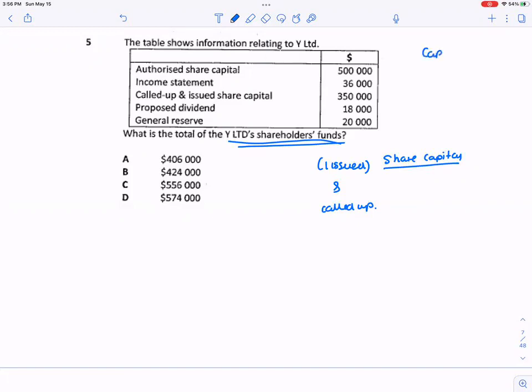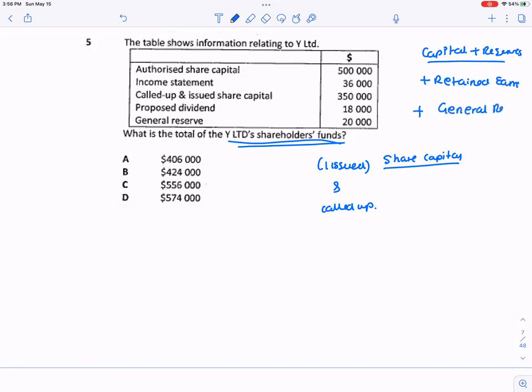Shareholders funds is the capital plus reserves plus retained earnings. Please learn it right away. What is shareholders funds? Capital plus reserves plus retained earnings. In your syllabus you only have general reserves.